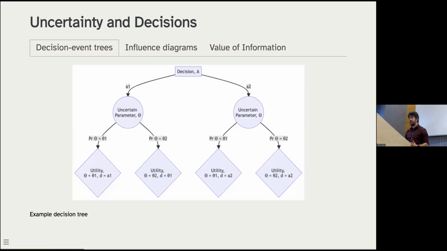So here is a decision event tree describing how some uncertain parameter could be related to a decision. We may perform inference on theta, and depending on our results, there may be different associated costs. And we can calculate the expected cost of each of these decisions. So here the expected cost of decision A1 would be this probability multiplied by this outcome, plus this probability multiplied by this outcome.